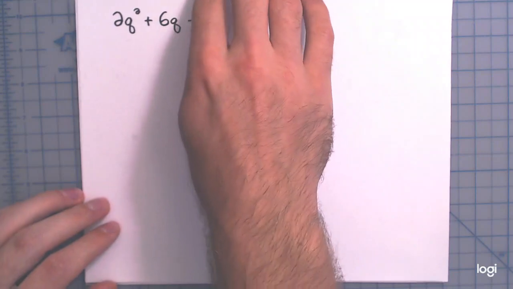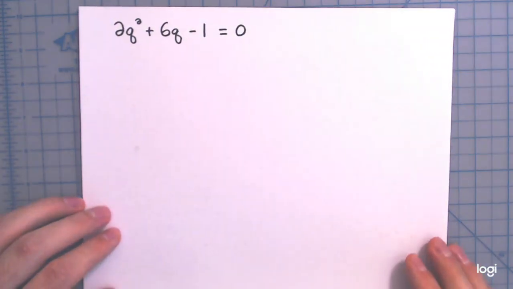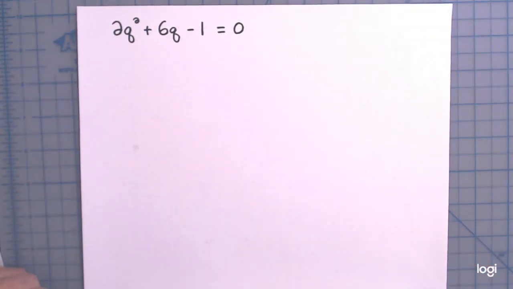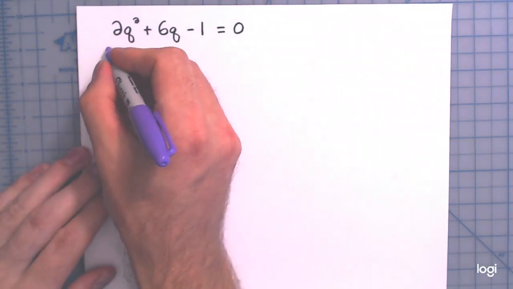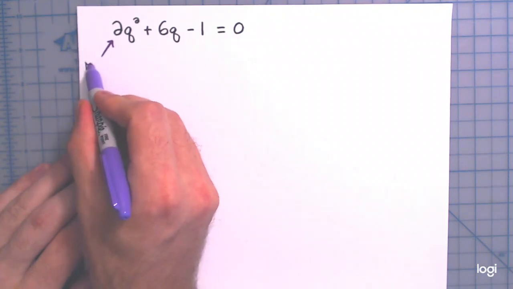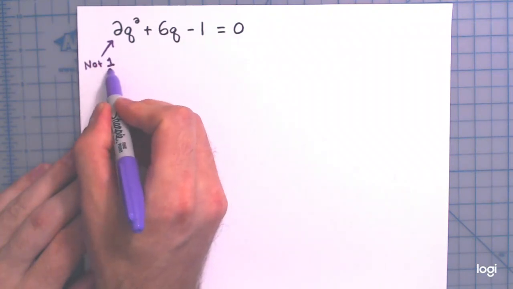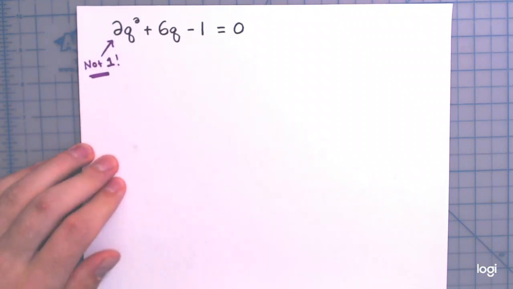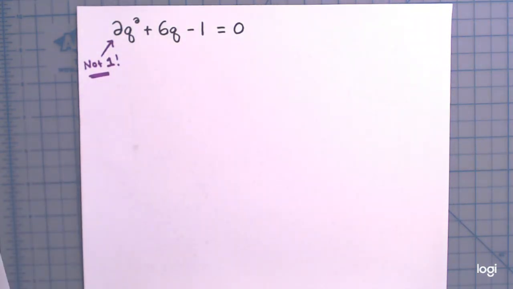I'm asked to solve this equation by completing the square. All right. So notice here that the square term does not have a coefficient of 1, and that's a problem. If I want to complete the square later, I need that to be 1.